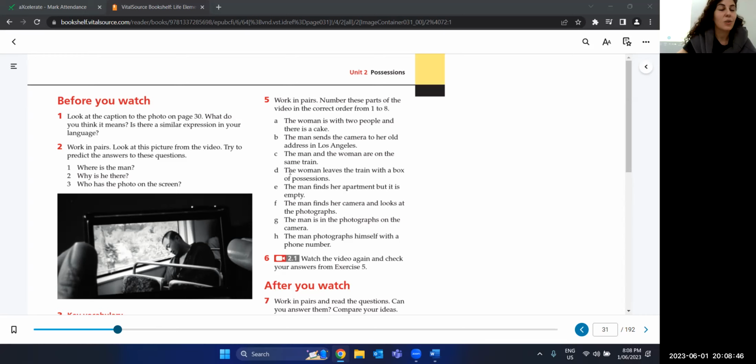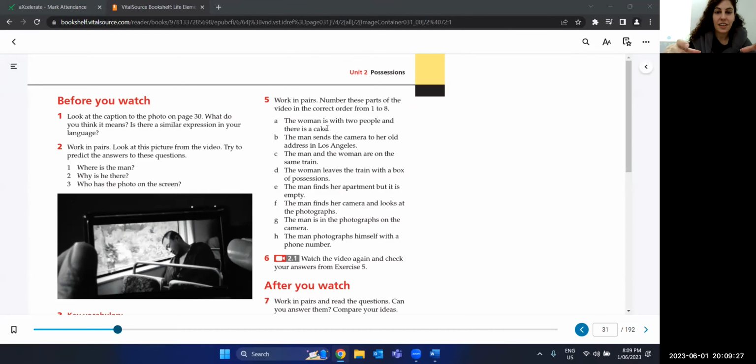Number 3, Van. What happened next? The man finds the camera and looks at the photo. Yeah, so the man finds her camera and looks at the photographs. Yes. So 3F. Number 4, Odilon. The woman is with 2 people and there is a cake.